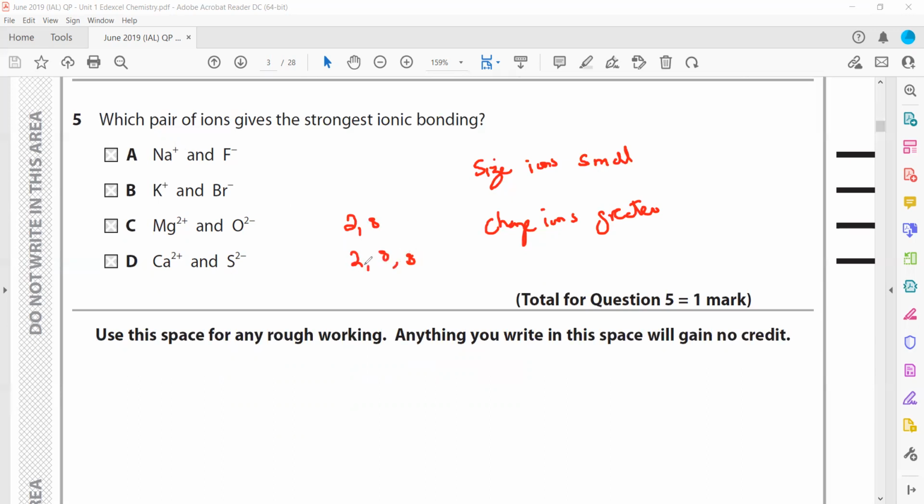So sulfur is larger in size. When we compare magnesium, magnesium is 12 but loses 2 electrons, so it will be 2, 8. So 2 shells in magnesium and 2 shells in oxygen, and oxygen has -2 and magnesium +2, whereas calcium is 2, 8, 8. So calcium is +2 and sulfide is -2.